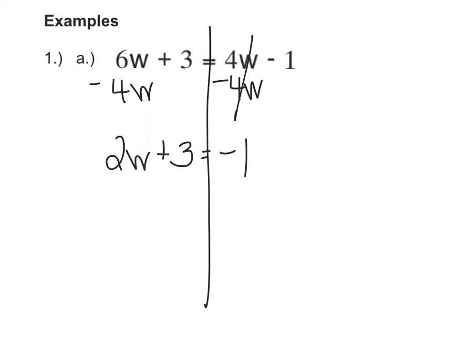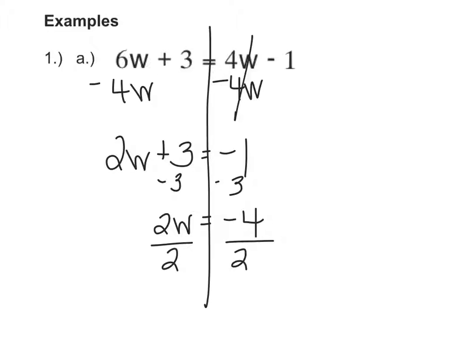Those have canceled and I have -1 over here. Minus the 3, it's a 2-step. Divide by 2. And w equals -2.